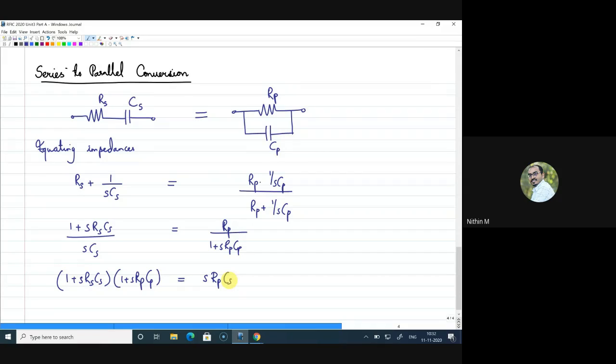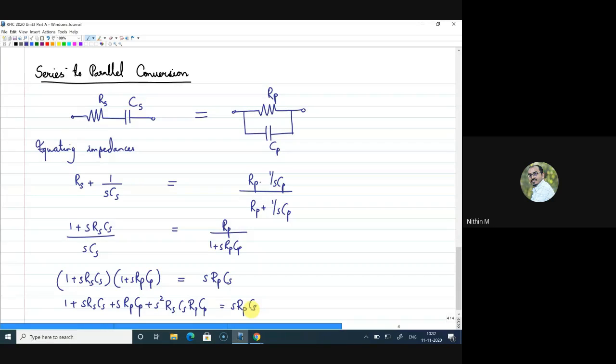Multiplying this out, it is 1 plus SRSCS plus SRPCP plus S square RSCS RPCP equal to SRP into CS.